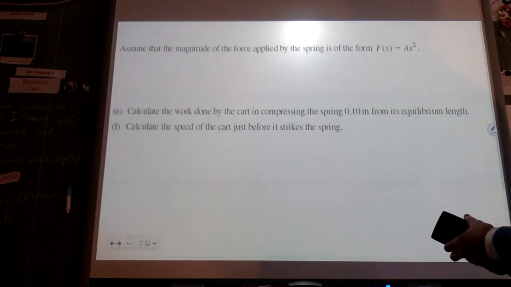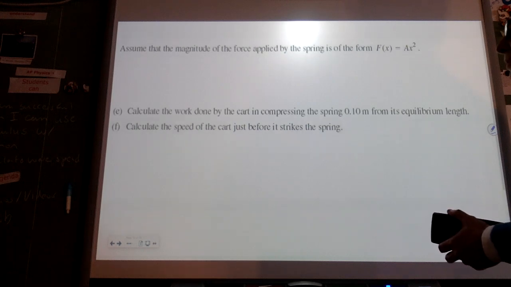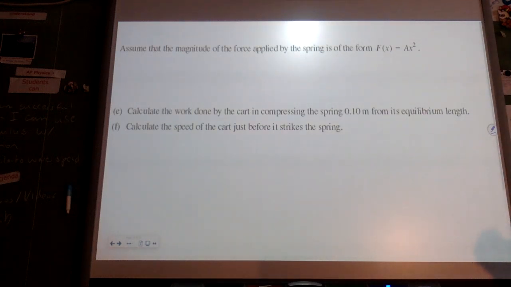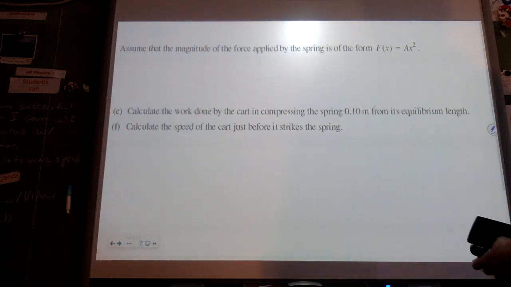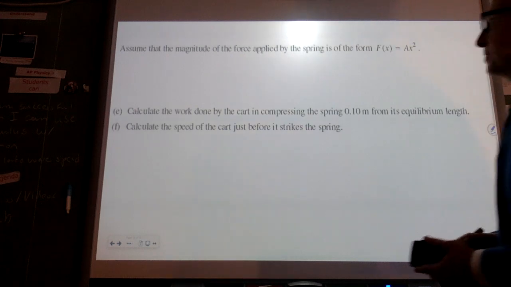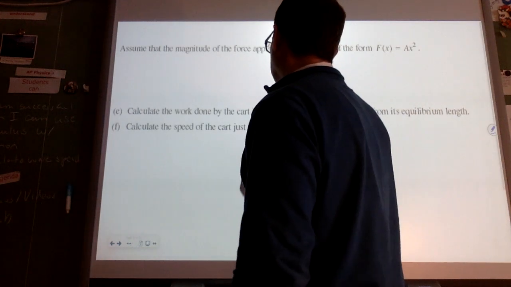Assume that the magnitude of force applied by the spring is of the form f of x equals ax squared. Calculate the work done by the cart in compressing the spring 0.1 meters from its equilibrium.